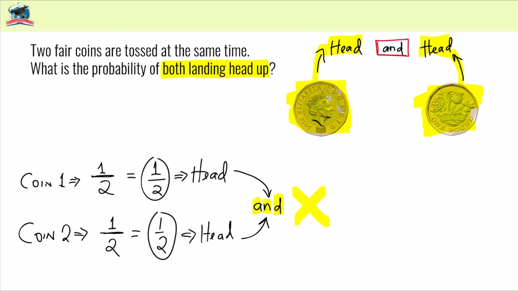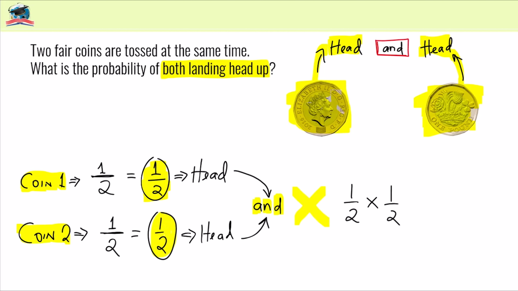Coin one is 1 over 2, multiplied by coin two, which is also 1 over 2. We're going to multiply.